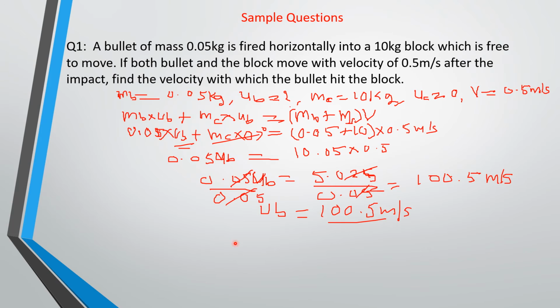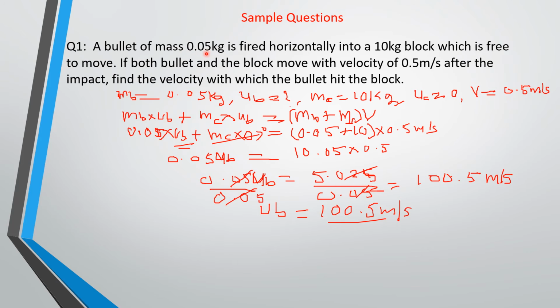Okay, so you can see how we analyzed the problem from stating the law of conservation of linear momentum for this particular problem, which we understood to be an elastic collision. Then how we applied it: the block is at rest, so the initial velocity of the block is 0.